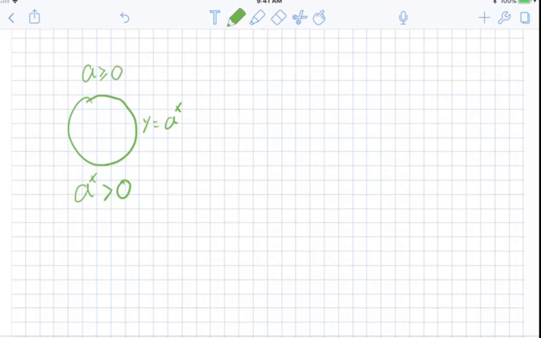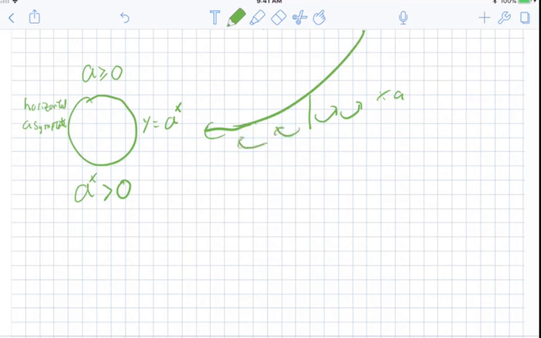It's also a function that has a horizontal asymptote. So it blows up on one side and it goes to 0 on the other side. And the reason is, as I move to the right, I'm multiplying by a each step. And I move to the left, I'm dividing by a each step. Okay?